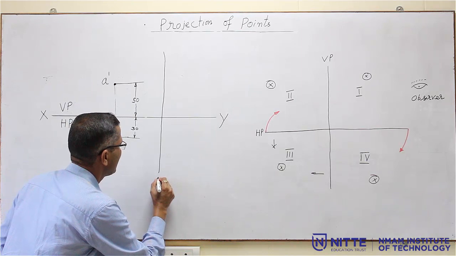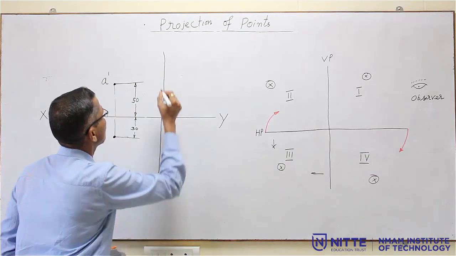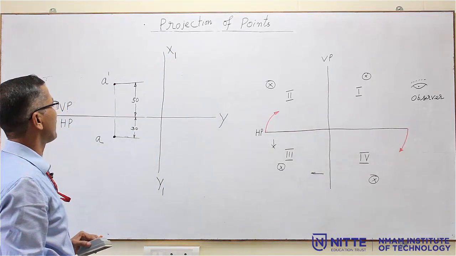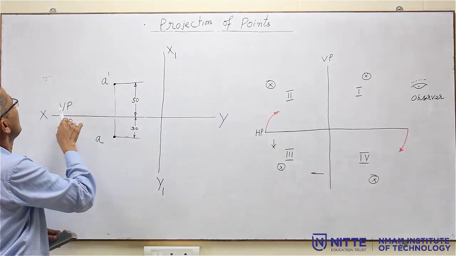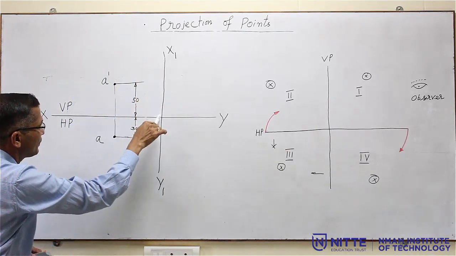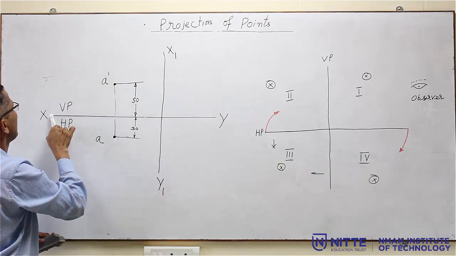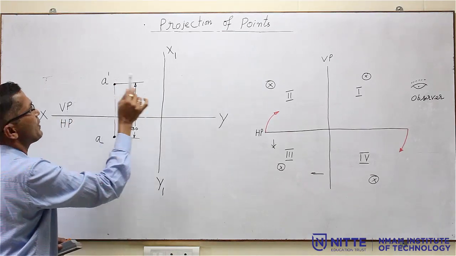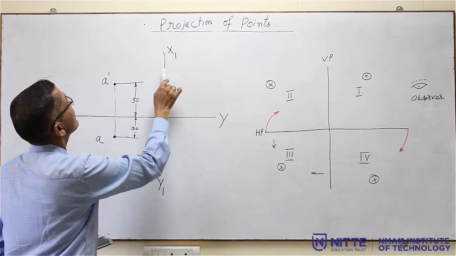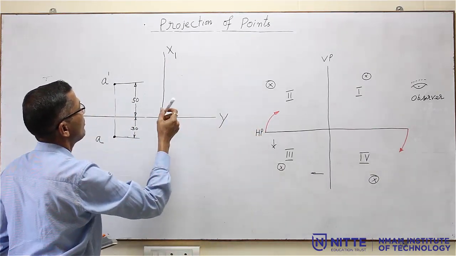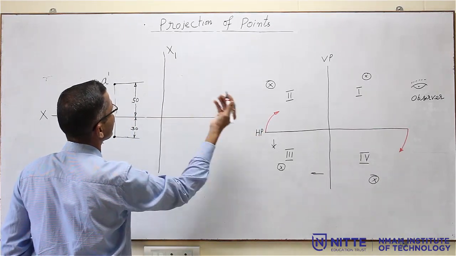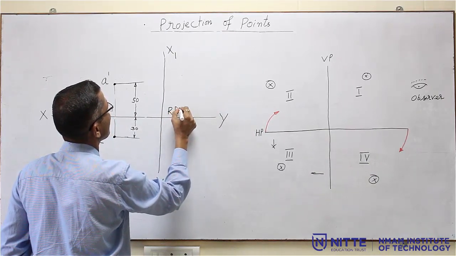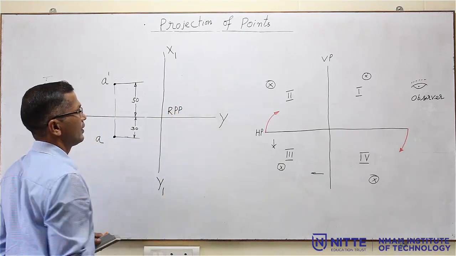I will call it X1 Y1. This is VP. Now, this space is HP. Adjacent to VP, this space we call the profile plane. Since it is to the right of you, we call it RPP, right profile plane.